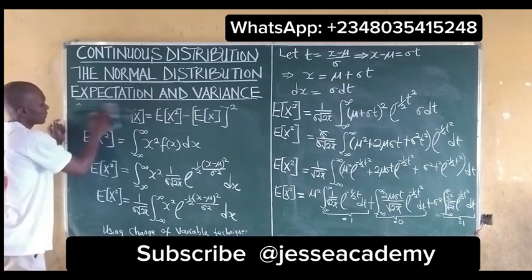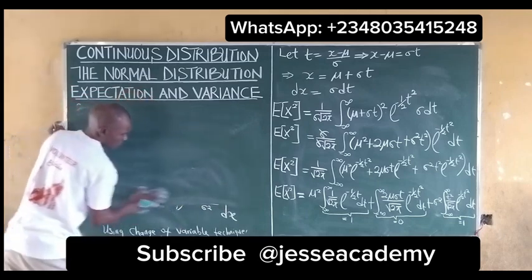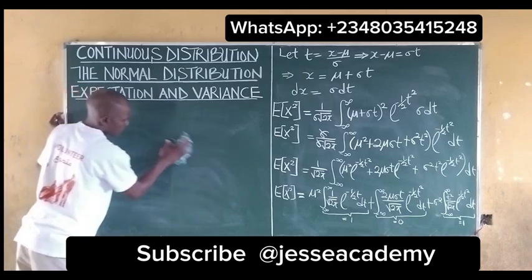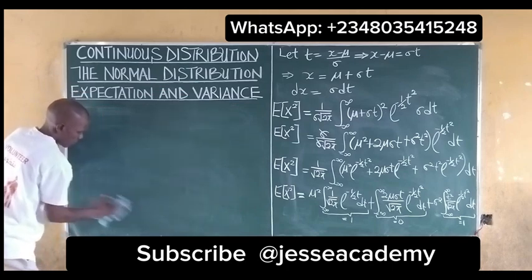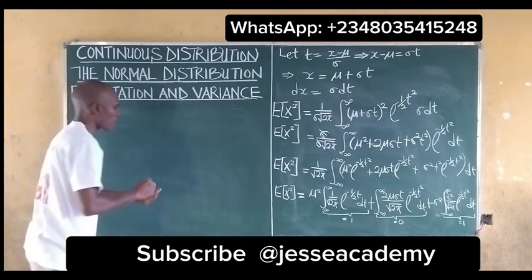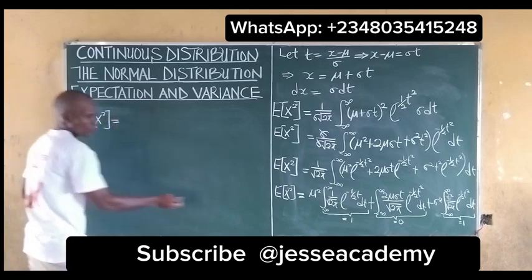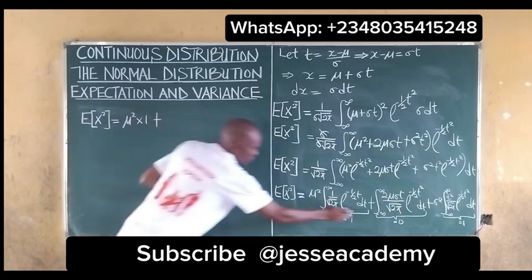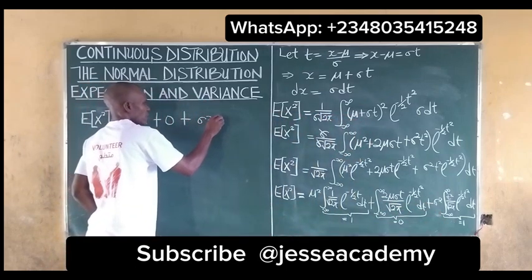We'll delete this, we'll rewrite it back. So it then means that our expected value of x squared will be equal to mu squared multiplied by 1, plus, here we have 0, plus, here we have sigma squared multiplied by 1.